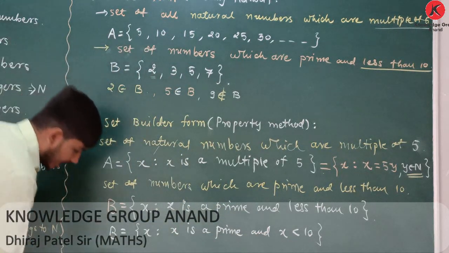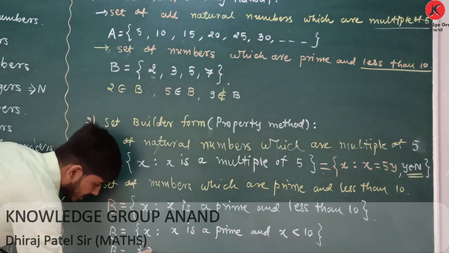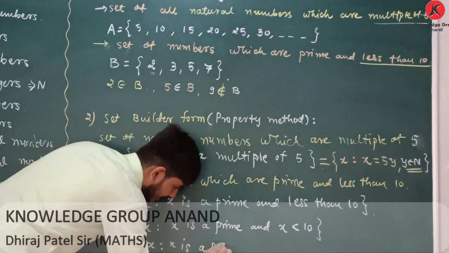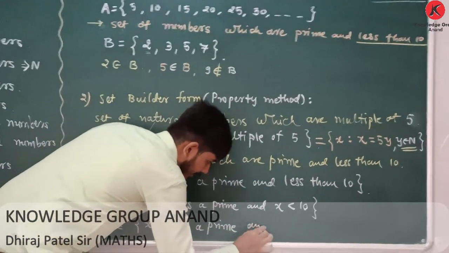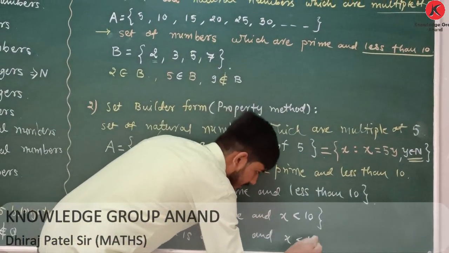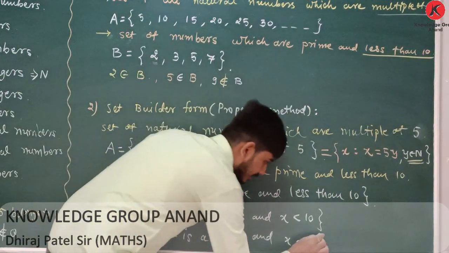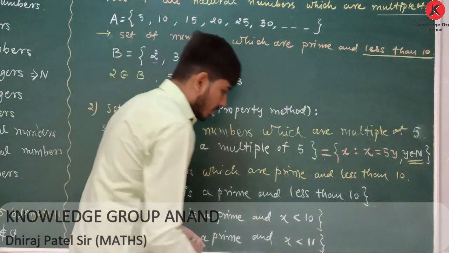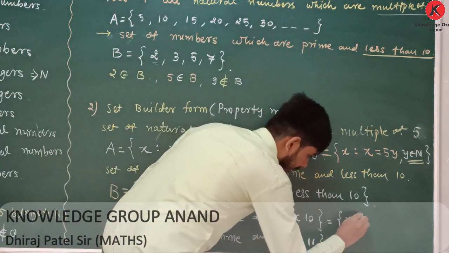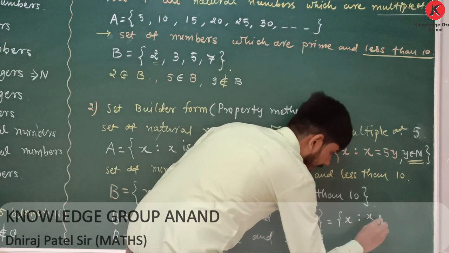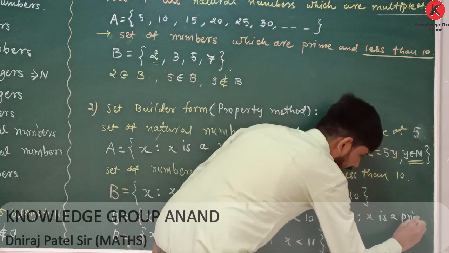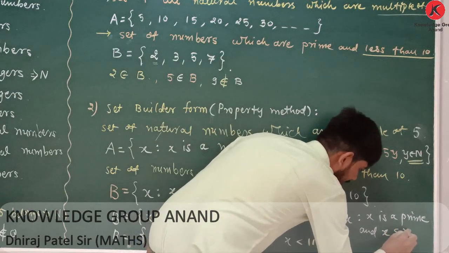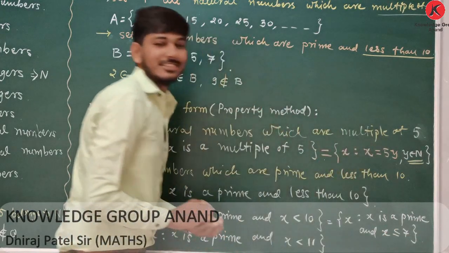Or you can represent it like this also. B equals x such that x is a prime and x also less than 11, or less than 9, you can also represent. Or you can also represent this set as x such that x is a prime and x less than or equal to 7.